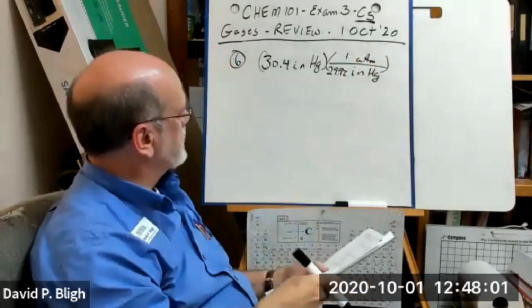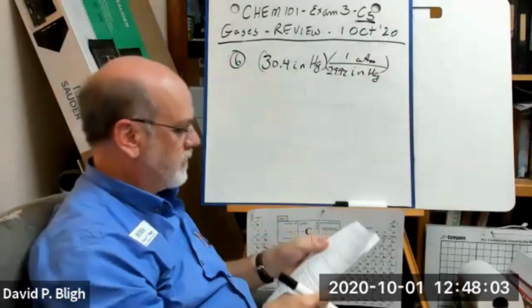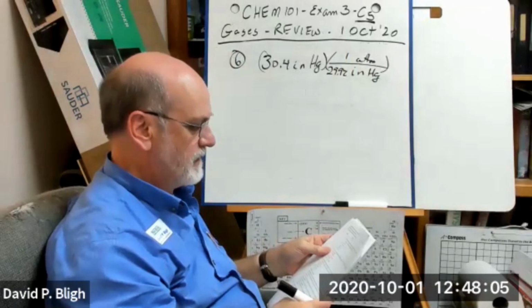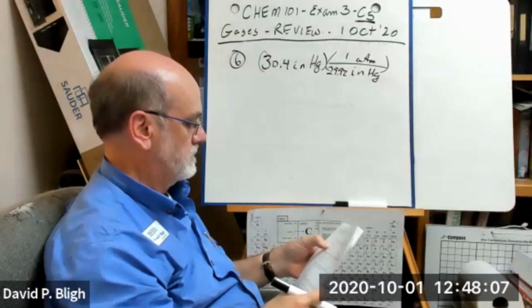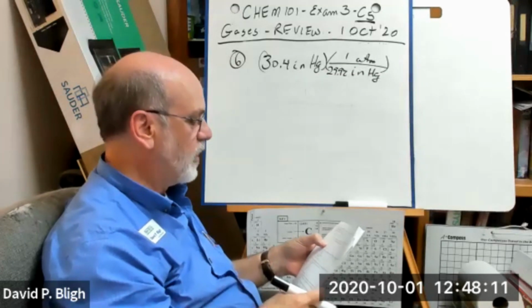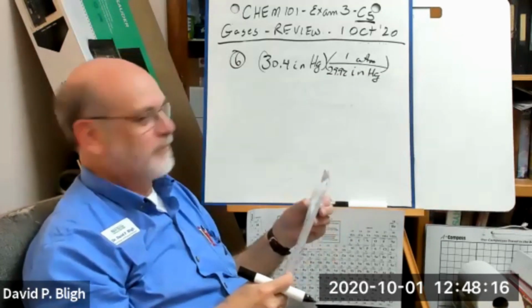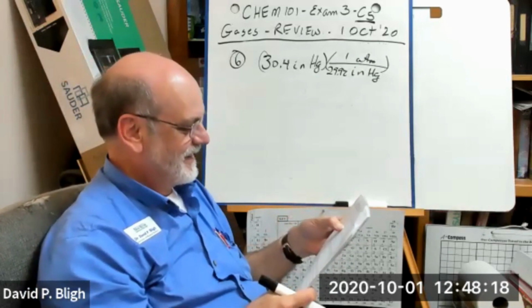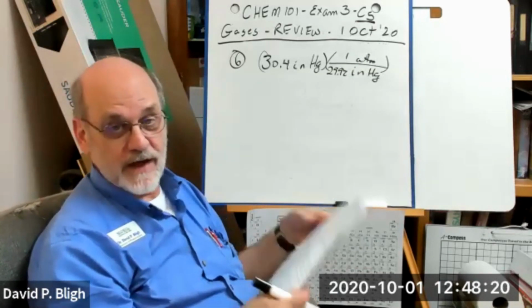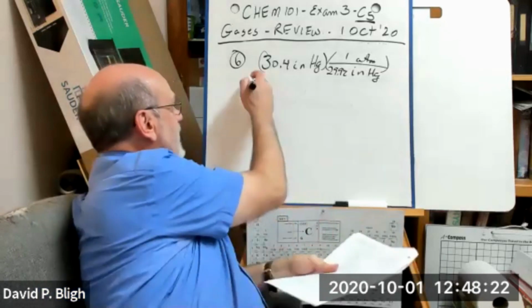Okay, so it'll be just a little bit less than 30.4. It's not 1 atmosphere. It's a little over an atmosphere. It's not 900 atmospheres. It's not 4 atmospheres. It's not 10 atmospheres. So you can do that one by estimating also as A.